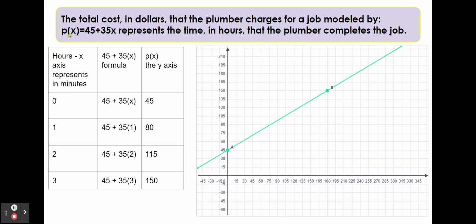Here's our formula, right here. We put it in the middle. After 1 hour, how much does the plumber get paid? 45 plus 35x. X represents the amount of time. 1 times 35 is 35, plus 45 equals 80.